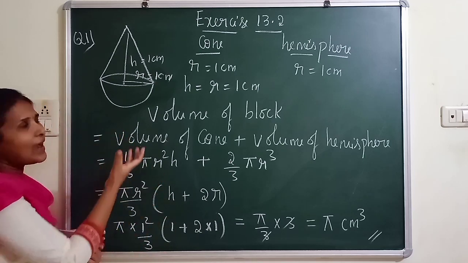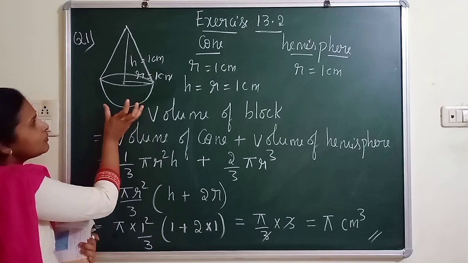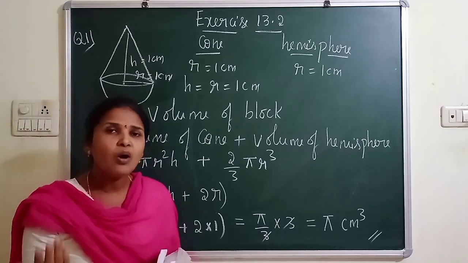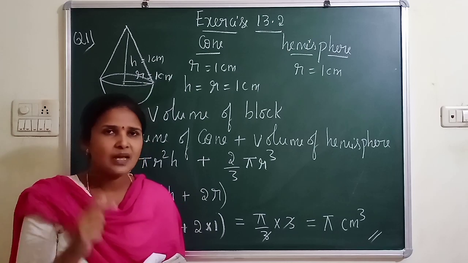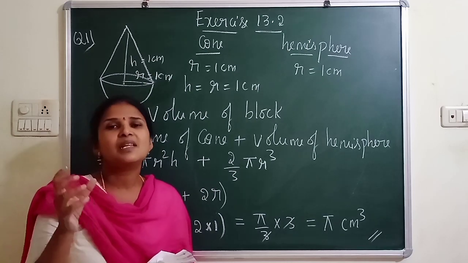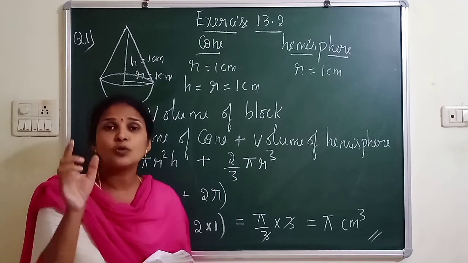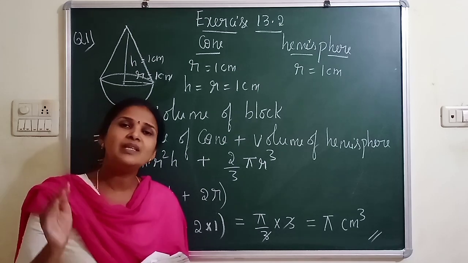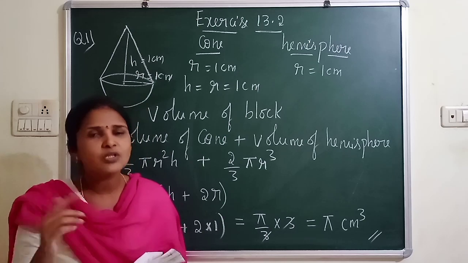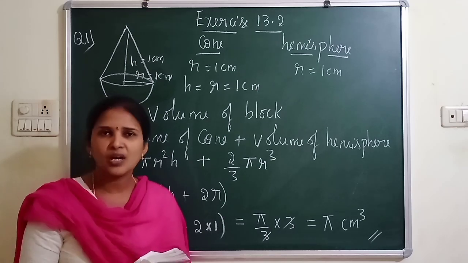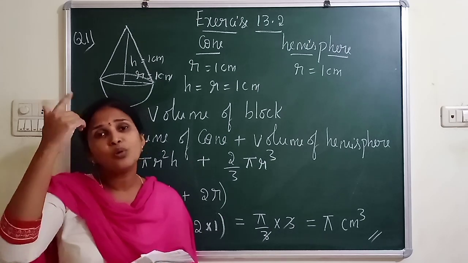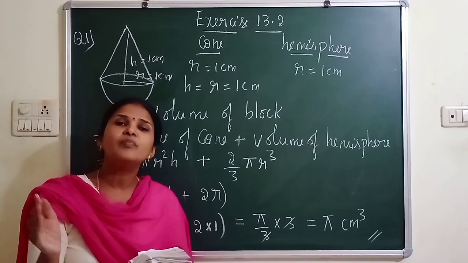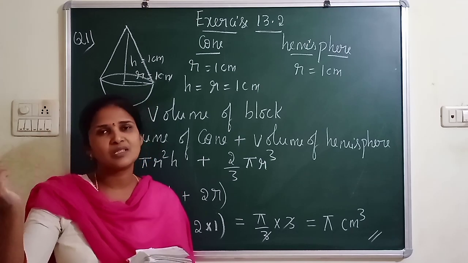So here we have to add. And one more thing, concentrate here: whether it is open or closed. Suppose, an example let me give. If a cylindrical glass, if the cylinder is closed at both the ends, that is top and bottom, the volume is the same, and if it is hollow also the volume is the same. Suppose you are in your room, and there is no roof, that is the ceiling is open, then the volume is the same as when the ceiling is closed.